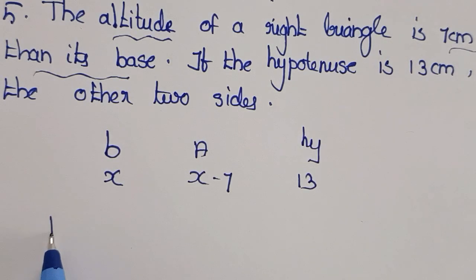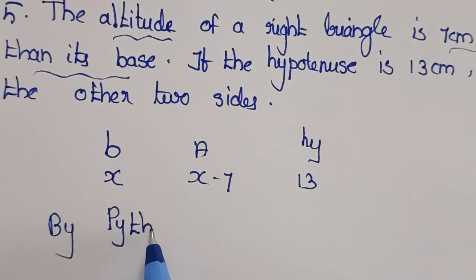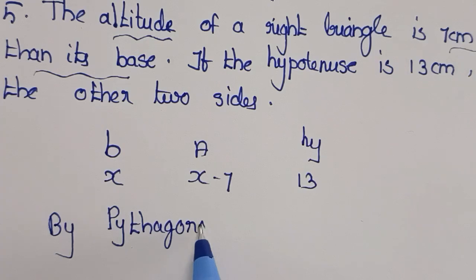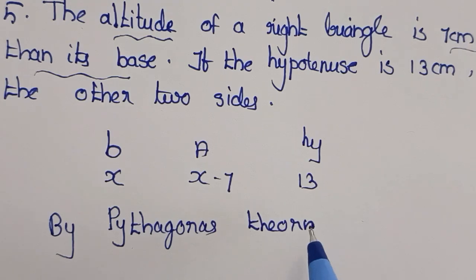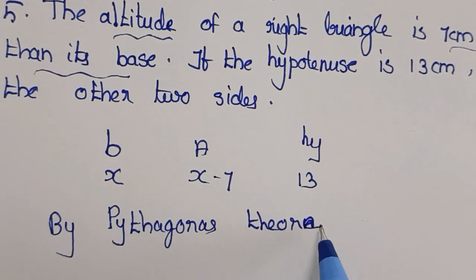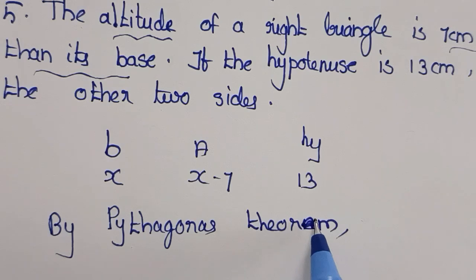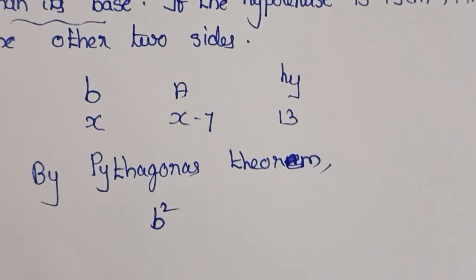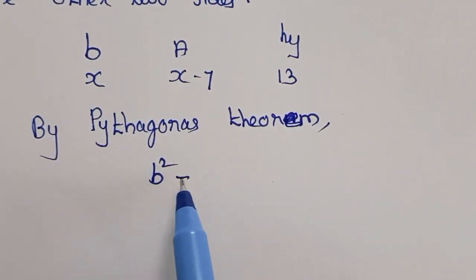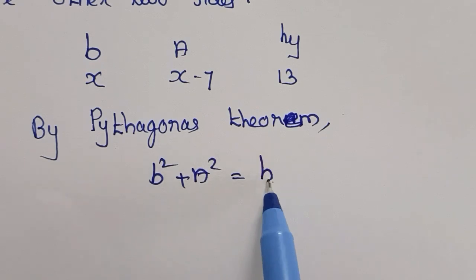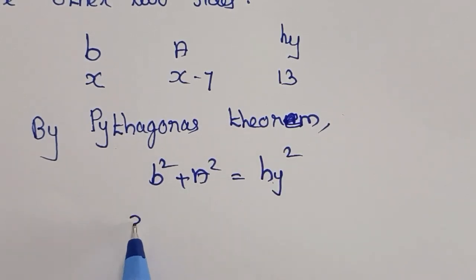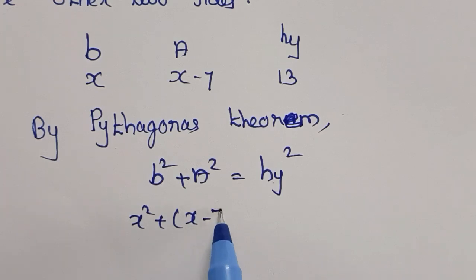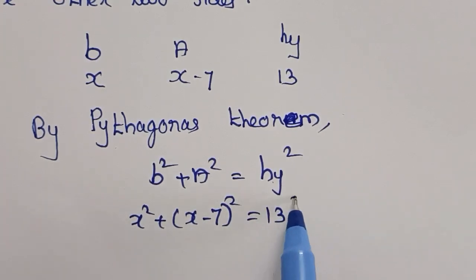We know that by Pythagoras theorem, base square plus altitude square equal to hypotenuse square, isn't it? That is x square plus (x minus 7) the whole square equal to 13 square.